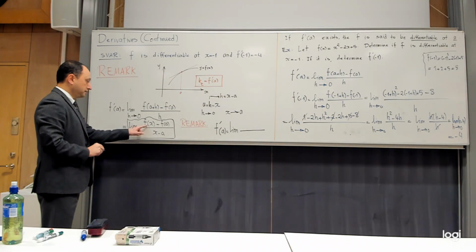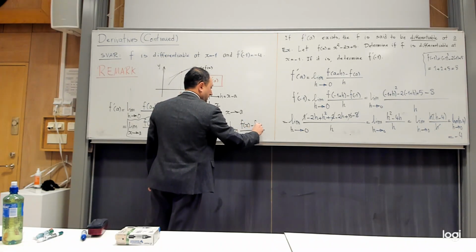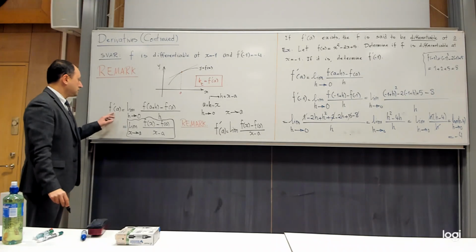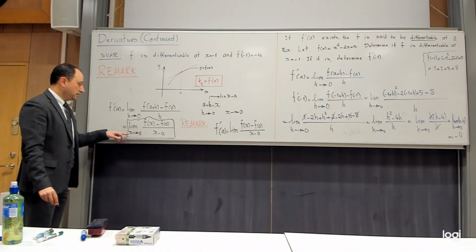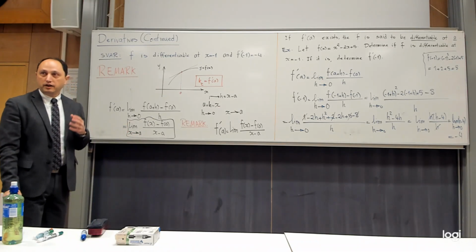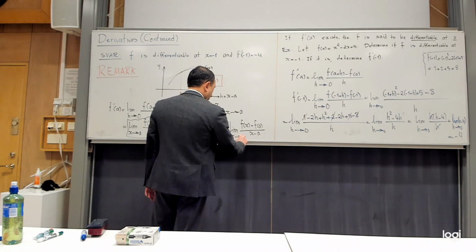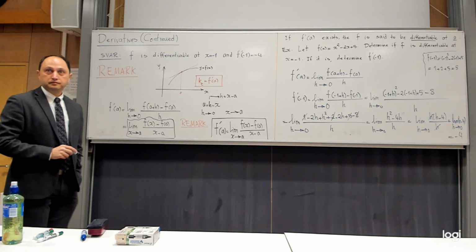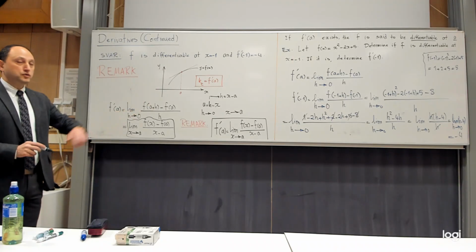So limit of the function itself minus f of a, the denominator is x minus a, but be careful. In the original formulation for the derivative, h always goes to 0, but in this new formulation, x goes to your a, depending which value of a you have chosen, yes? So x goes to a here. So I want you to also know at least about this formula. Any questions?